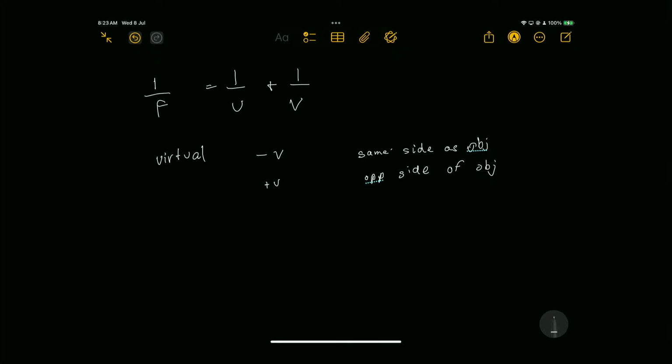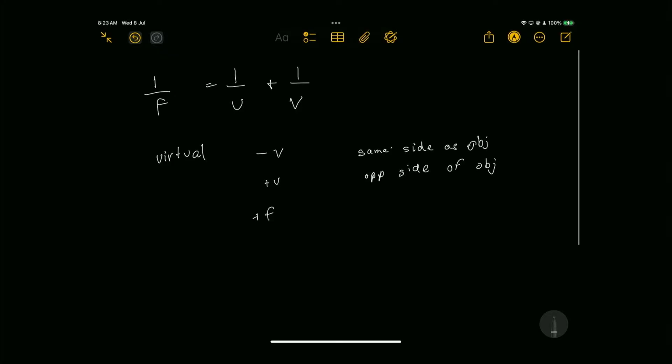Right. Now, the object distance, we always take that to be positive, right? The focal length, we take that to be positive for converging lenses, right? And we take the focal length to be negative for diverging lenses.